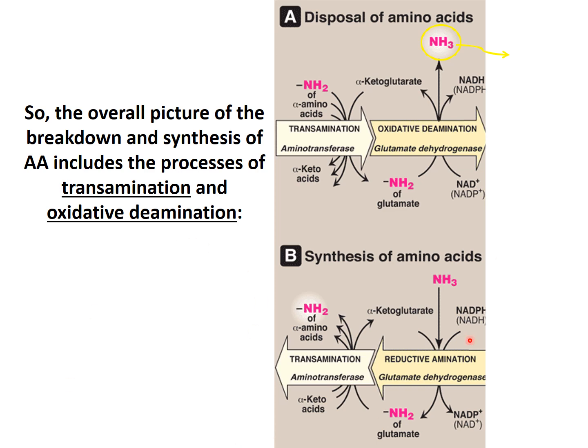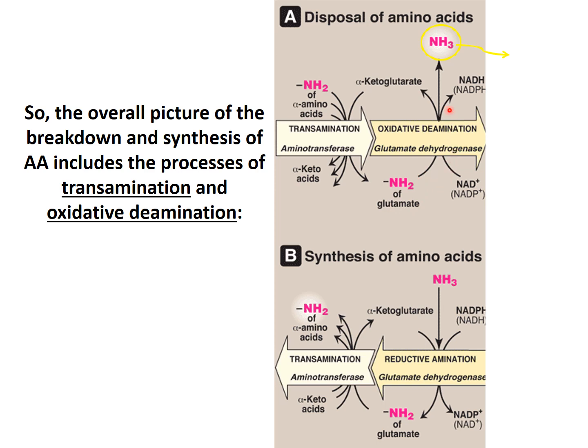All right, this is a picture to put everything together. So when we want to dispose ammonia, then we have the amino groups of amino acids transferred through transaminases to different keto acids and produce amino acids that will end up in glutamate.